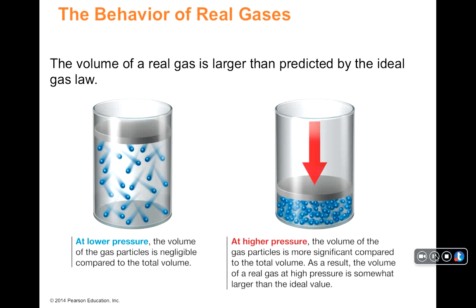I mentioned before that this is called an ideal gas law equation. Ideal because we're making some assumptions about gases which aren't actually always true. So what I'm going to do here is talk about just a couple of the exceptions that we sometimes see. You'll see the title here is Behavior of Real Gases.